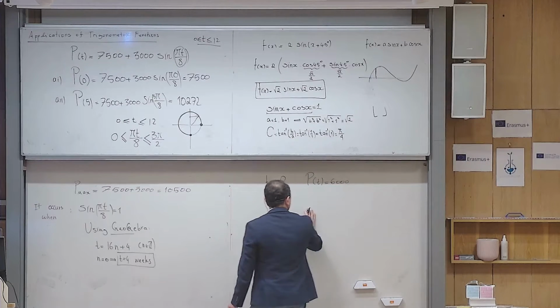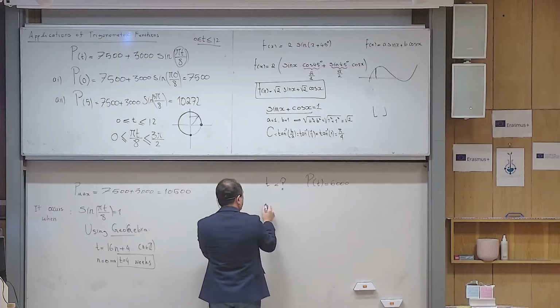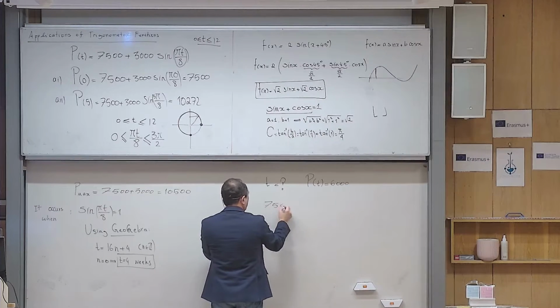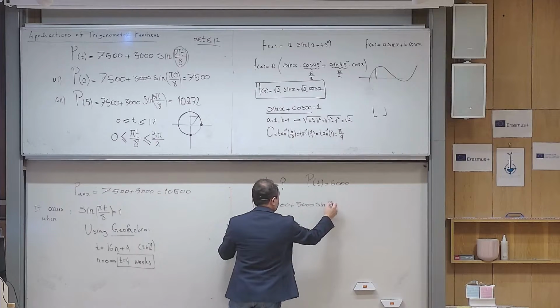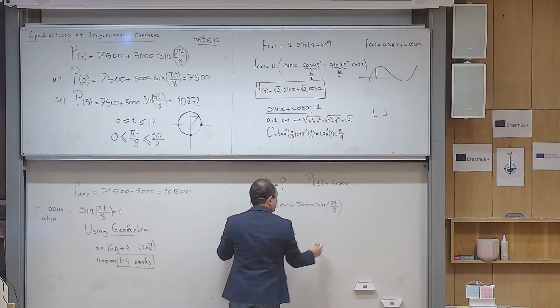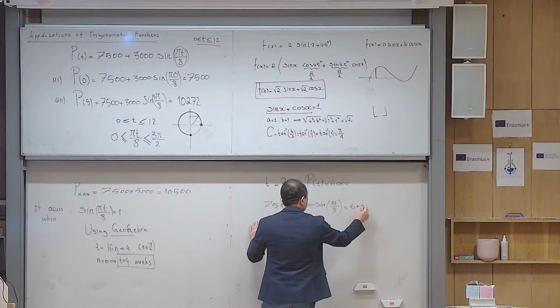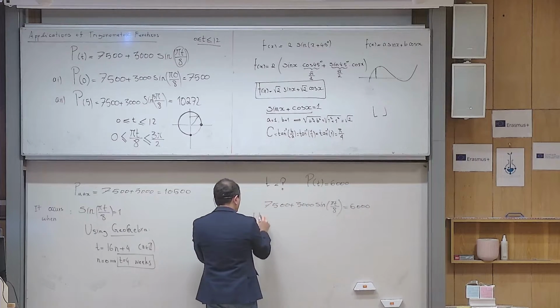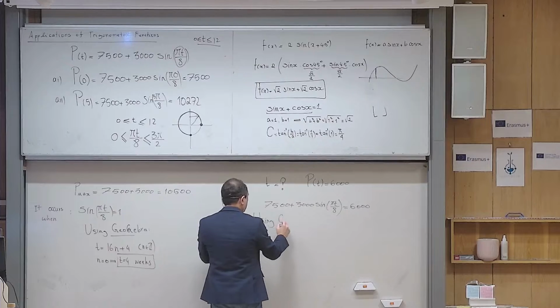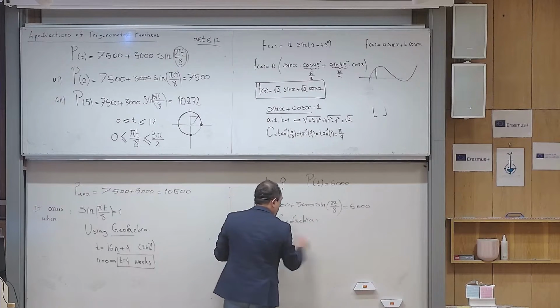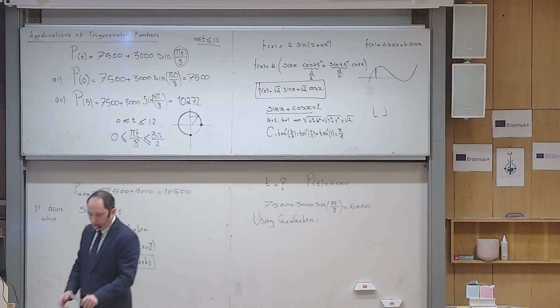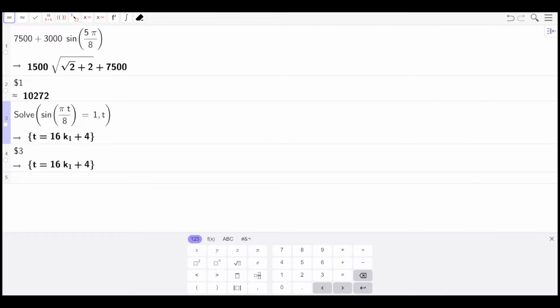Okay? And then what you need to do, you need to write P of T, which is 7,500 plus 3,000 sine pi T over 8 equals 6,000, using GeoGebra, and then let us write the answer. So I go to GeoGebra here, and I ask GeoGebra to solve.